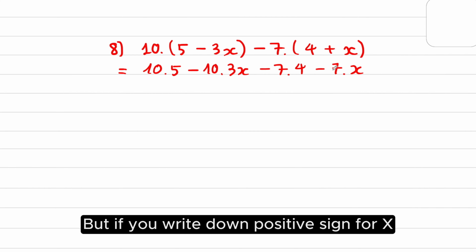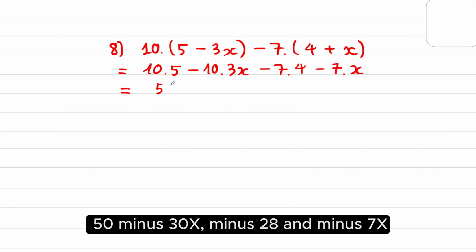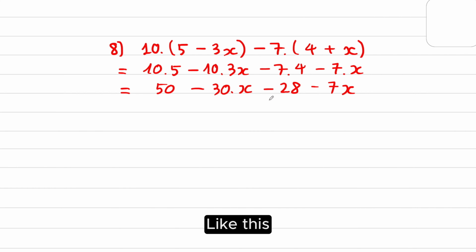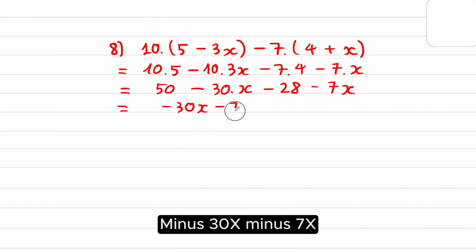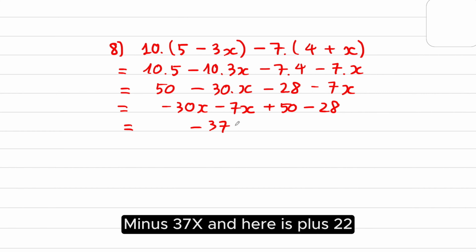But if you write down a positive sign for 8, it doesn't matter, it is still right. Okay, 50 minus 30x minus 28 and minus 7x, like this. Okay, minus 30x minus 7x plus 50 minus 28, yep, minus 37x, and here is plus 22.